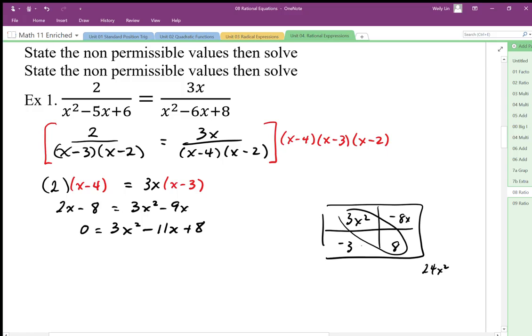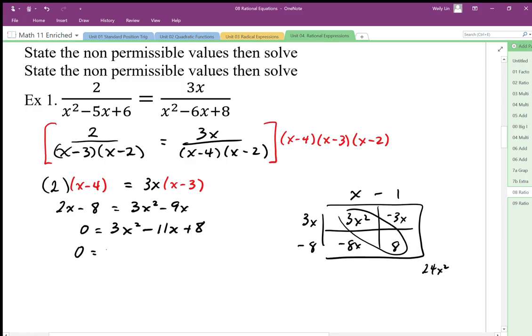Negative 3x. And if you're wondering if it matters where I put these, it doesn't really matter. We could switch these around. All it does is switch the length with the width, and the width with the length. My common factor this way is going to be negative 8. The common factor here is 3x, here it's just x, and here it's negative 1.